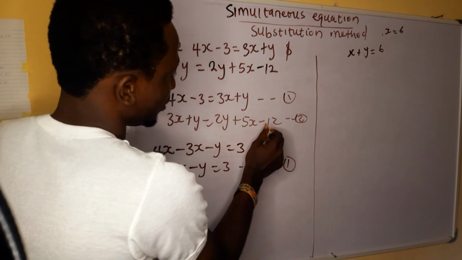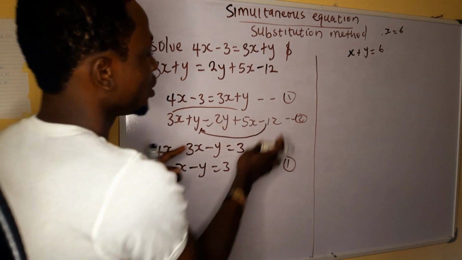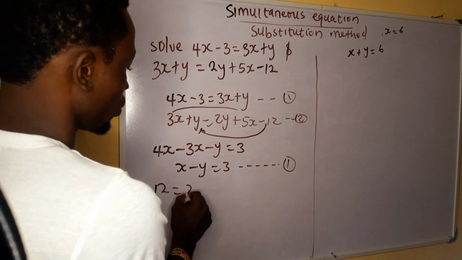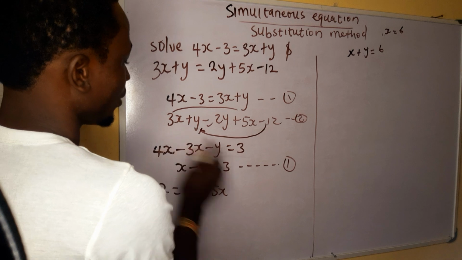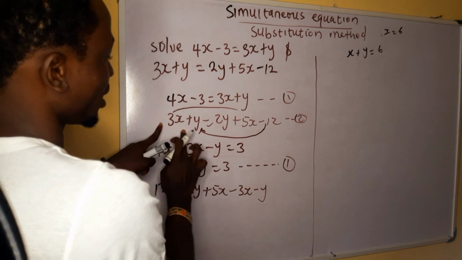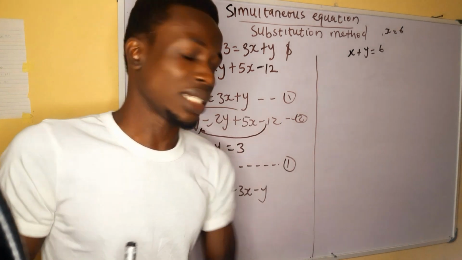Coming over to this side now, I'm going to move negative 12 over here and move the whole of this over here. So if I move negative 12 over here, it's going to be 12 is equals to 2y, that is here, plus 5x, then minus 3x minus y. Because everything here, once you come here, it starts bearing a negative sign.